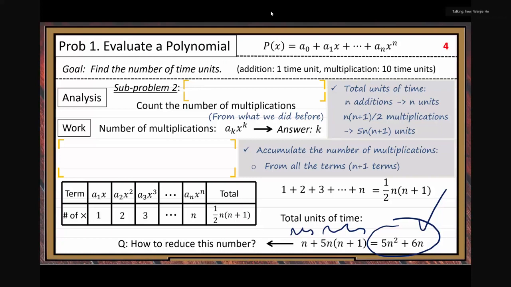If you invest your resource in multiplication, you have a better chance to make a bigger improvement. If you put your precious investment in the addition part, your improvement is very little.